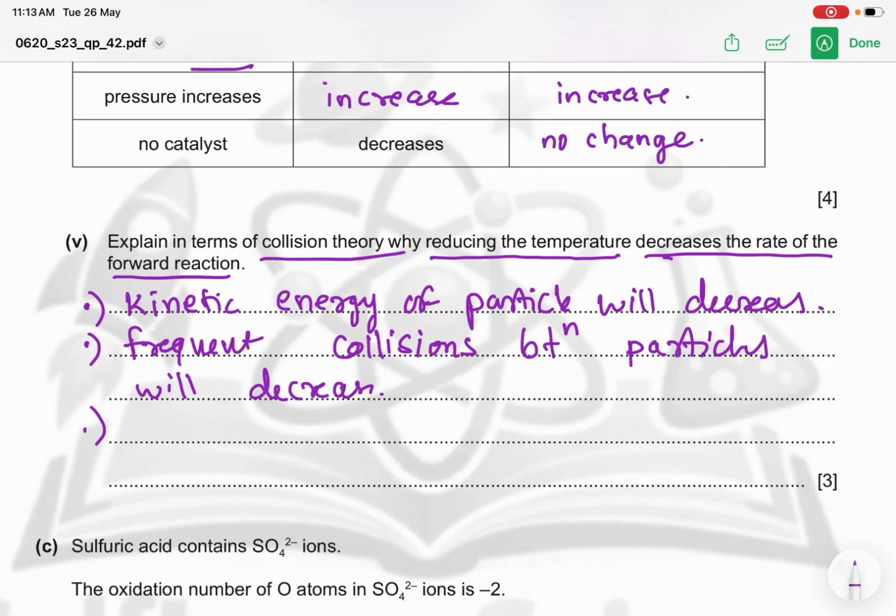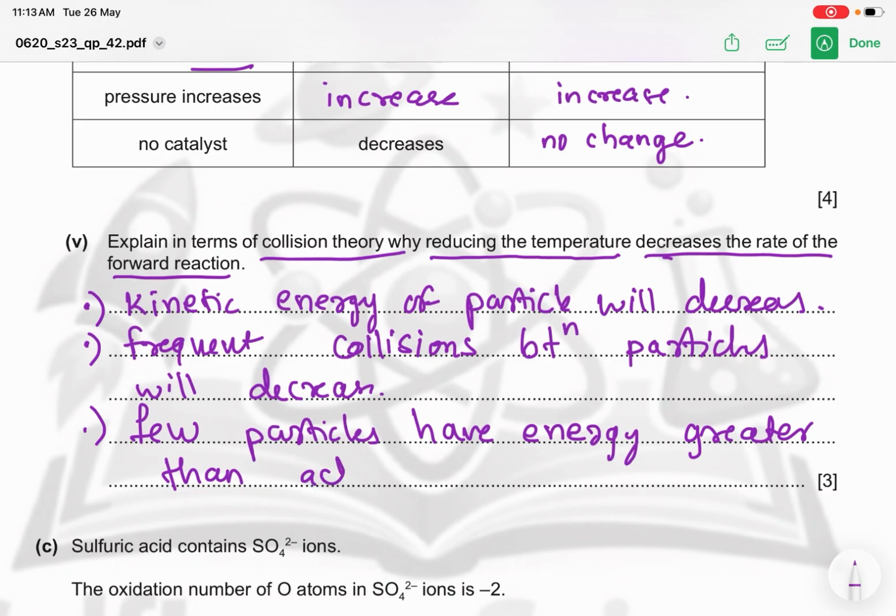Okay, so very few particles will undergo reaction or take part in the reaction. So few particles have energy greater than activation energy.